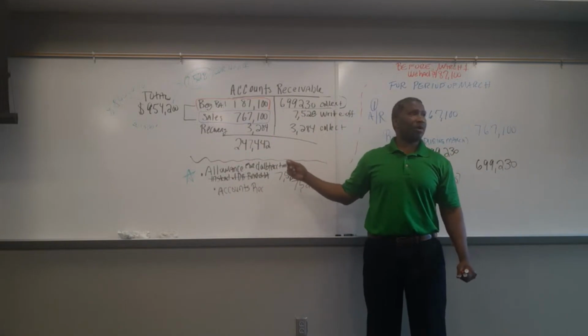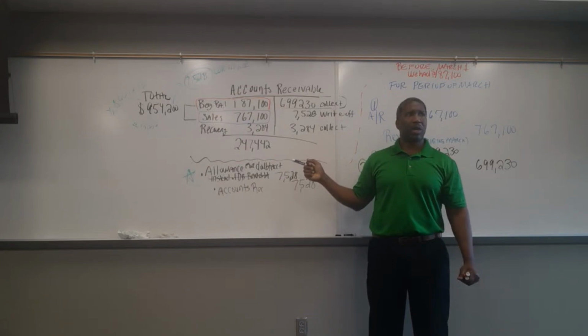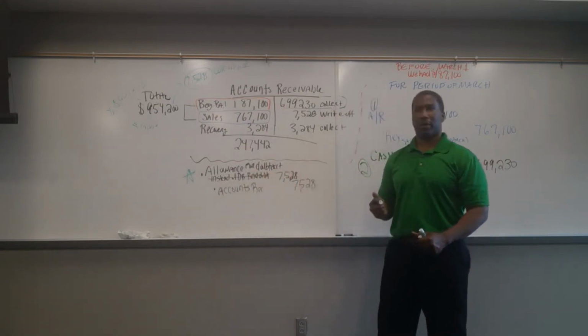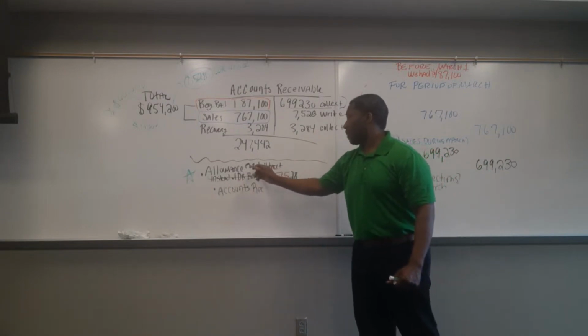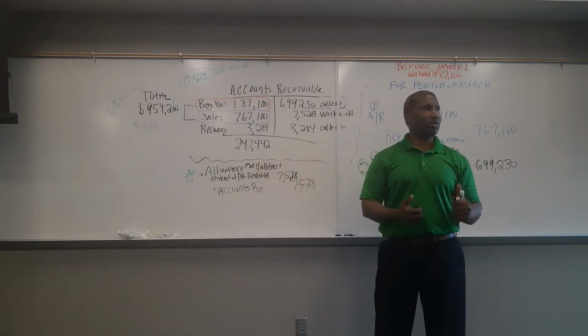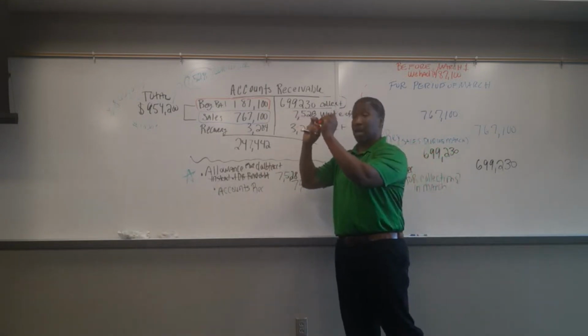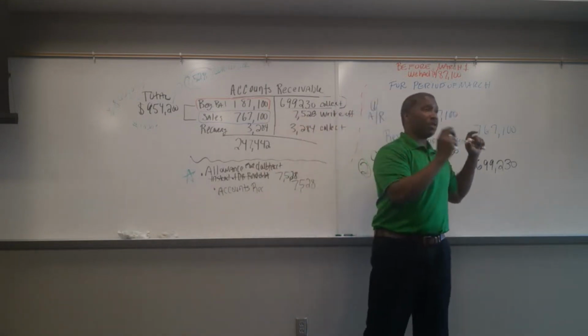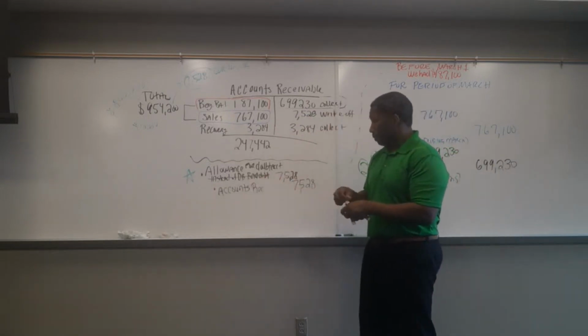If this was my books, I would put February, because I knew where it came from, okay? Now we have one for the next month as well. So it's not going to come out of bad debts. It's going to come out of allowance. And the reason we use the allowance account is to make sure that whatever happened in the previous time stays there, and whatever happens here stays here as well. So that's this journal entry right here.